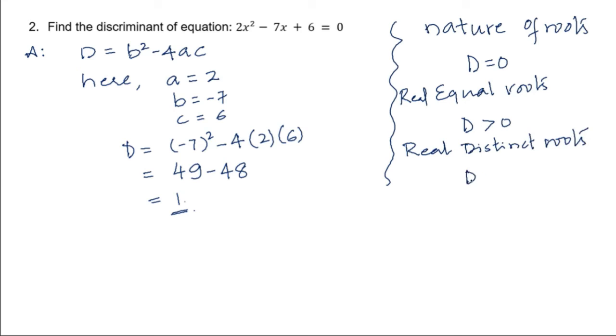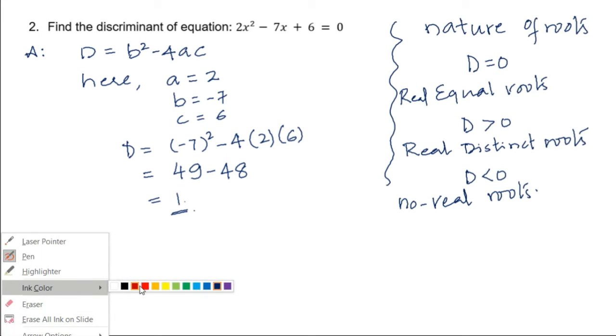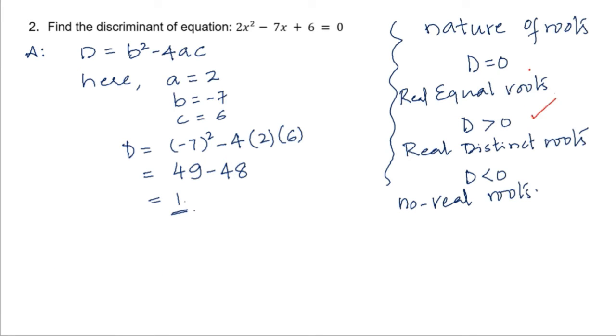If the discriminant is less than 0, you will not have a real root, so no real root. Most of the time in the examination they may ask either the discriminant as 0 or the discriminant as greater than 0.